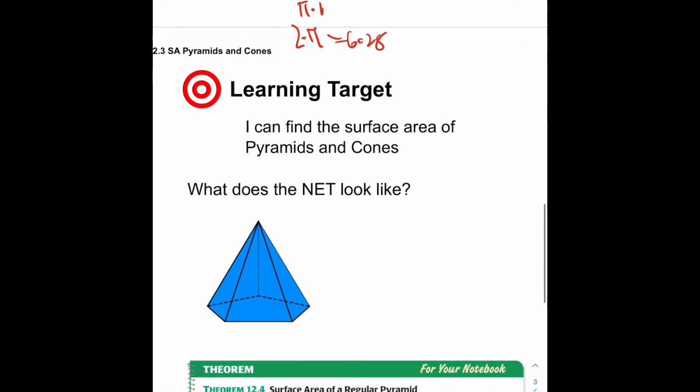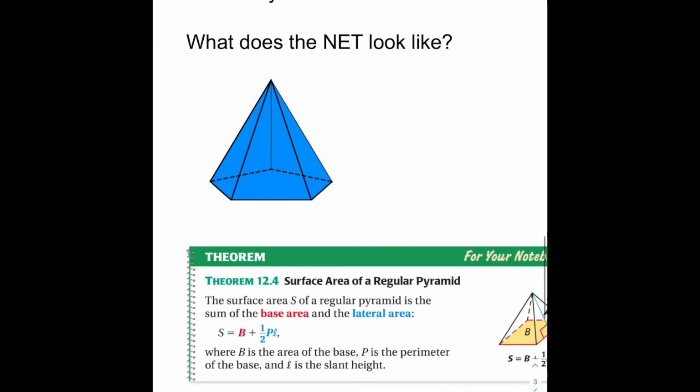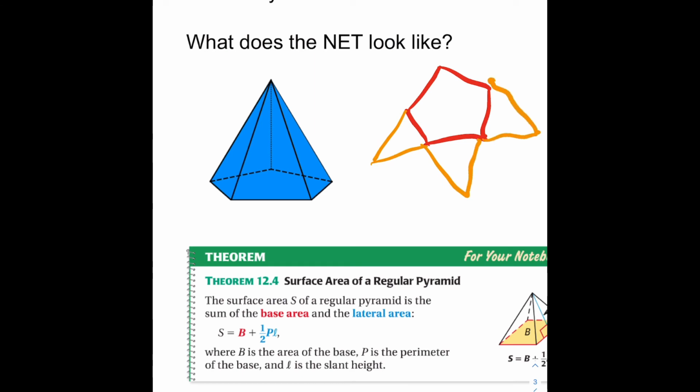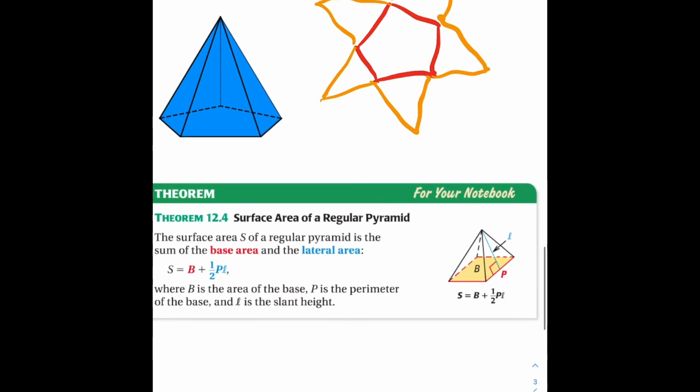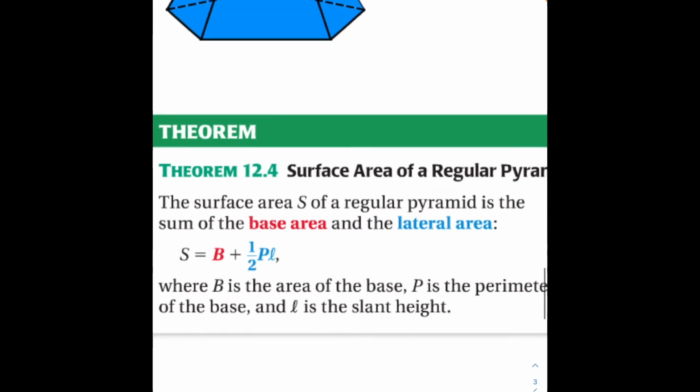Surface area of pyramids and cones. So again, what does the net look like? If I have a pentagon, so I'm going to have my pentagon, and then from there, each one is going to fold out into a triangle. So the surface area of a regular pyramid is the sum of the base area and the lateral area. So again, this is a big B. Big B stands for the base.